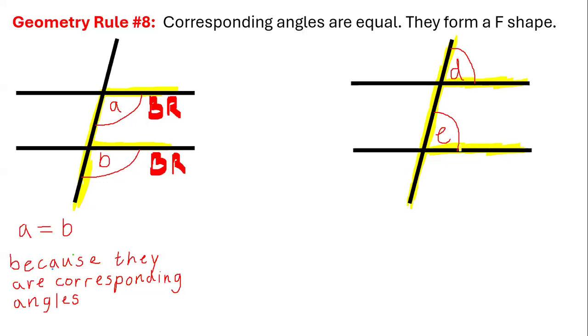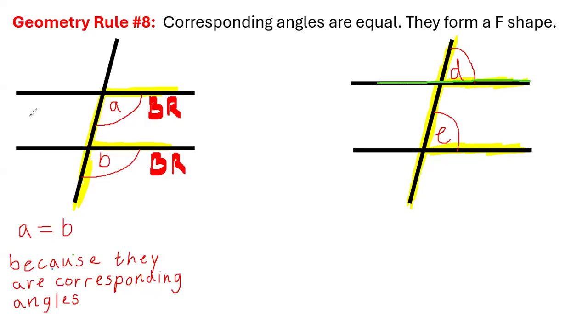Let me ask you the question. With respect to this green line, the horizontal green line, is D above it or below it?